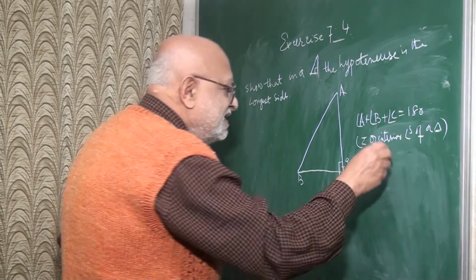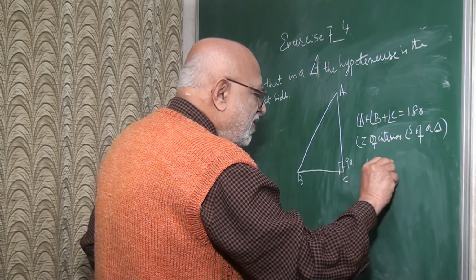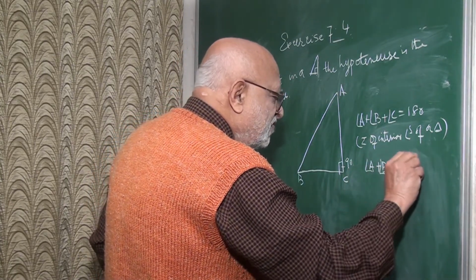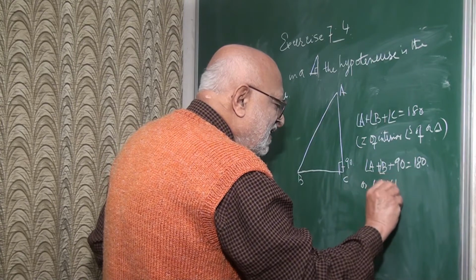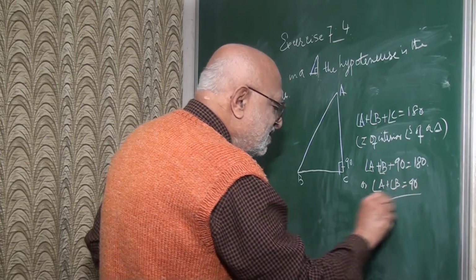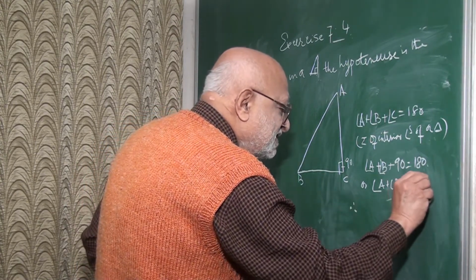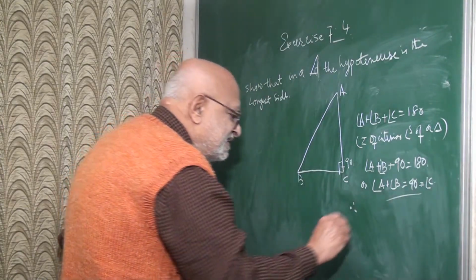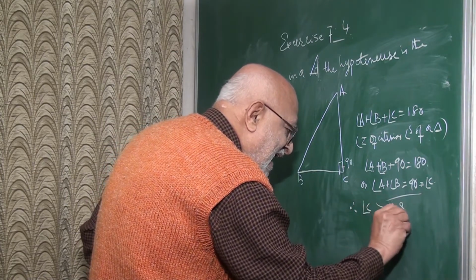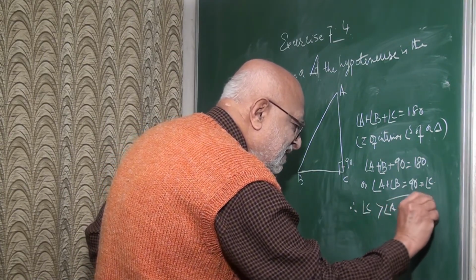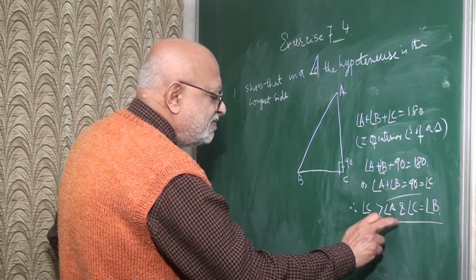Now C is 90, so angle A plus 90 is equal to 180, or angle A plus angle B is equal to 90, and this is equal to angle C. So angle C is greater than angle A and angle C is greater than angle B. You can easily draw this from this statement.